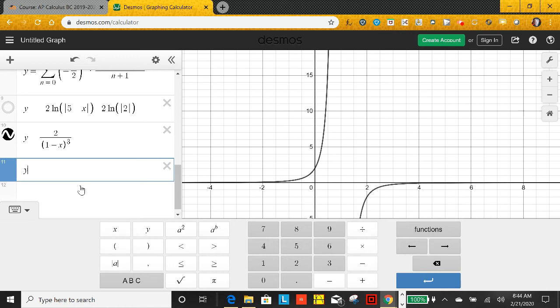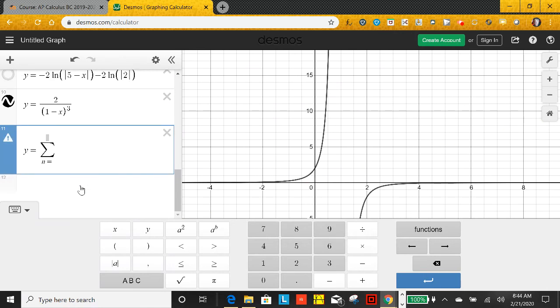And I'm suggesting it's y equals the sum from n equals 2, because we're going to start at n equals 2 to, I don't know, we'll do 25 terms again, of n times (n minus 1) times x raised to the (n minus 2).